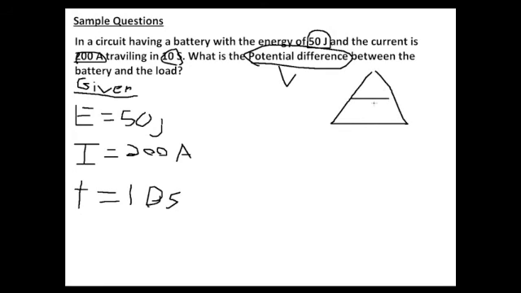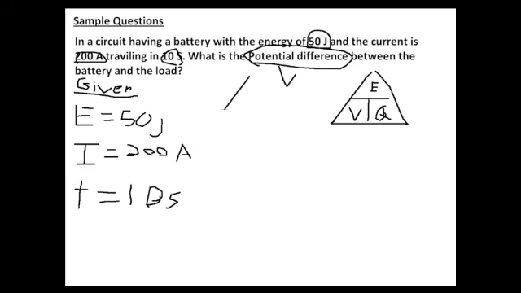So we know voltage is in the voltage formula. So let's try that. V equals E over Q. So we don't have Q or V. We need to at least have two different sets of information to get another.